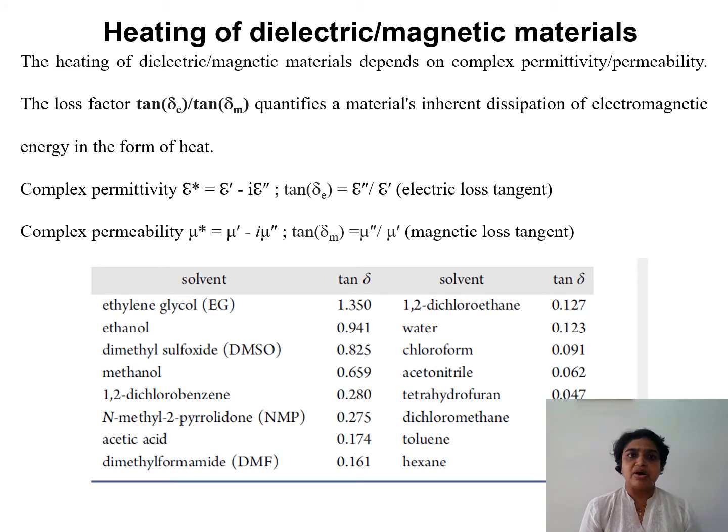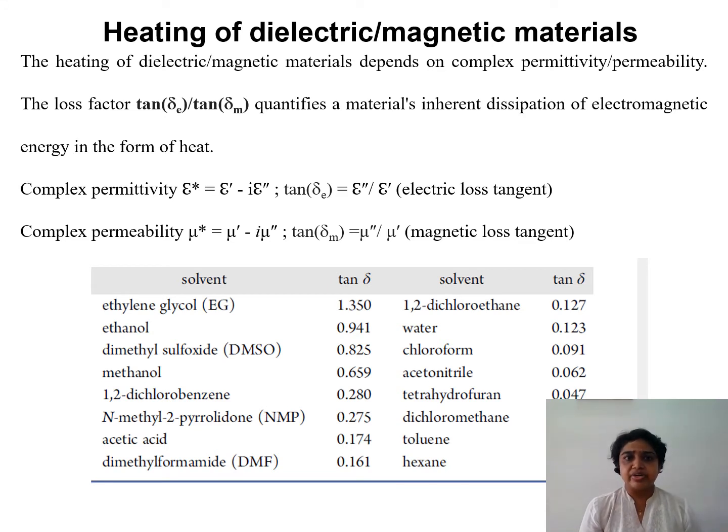Similarly, complex permeability, that is mu star, is equal to mu dash minus i mu double dash. Here tan delta M can be defined as mu double dash divided by mu dash, that is the magnetic loss tangent. So different materials have different electric loss values or magnetic loss factors.